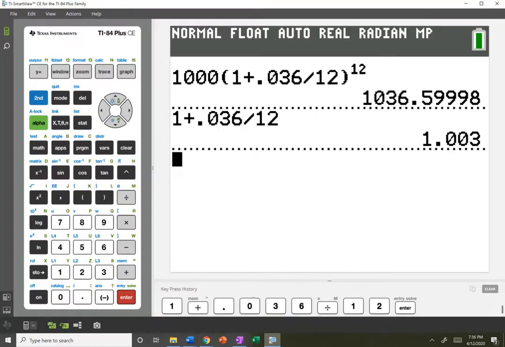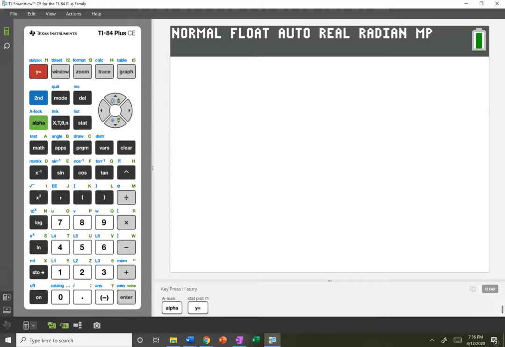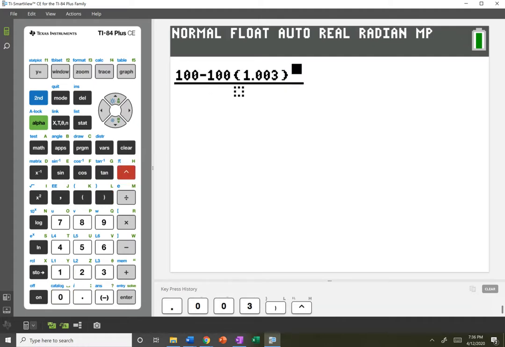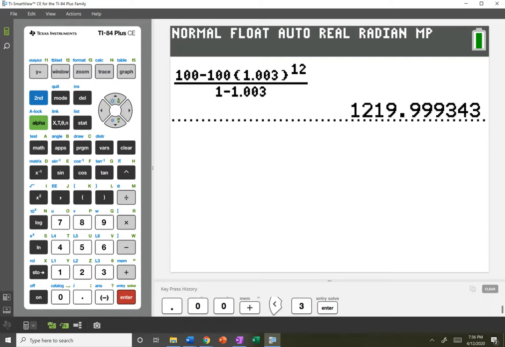So let me go to my calculator. Use the fraction button, alpha y equals enter. It's your best friend. 100 minus 100, parentheses, 1.003 to the 12th over 1 minus 1.003. That's how much money is in my bank account. 1219, I'm going to round it up to 1220.